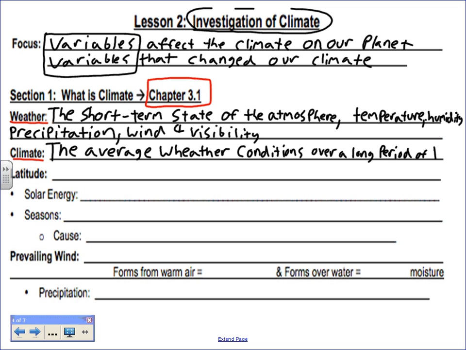And again, the key phrase in this definition is long period of time, whereas weather was short term. Okay? So climate is long term.